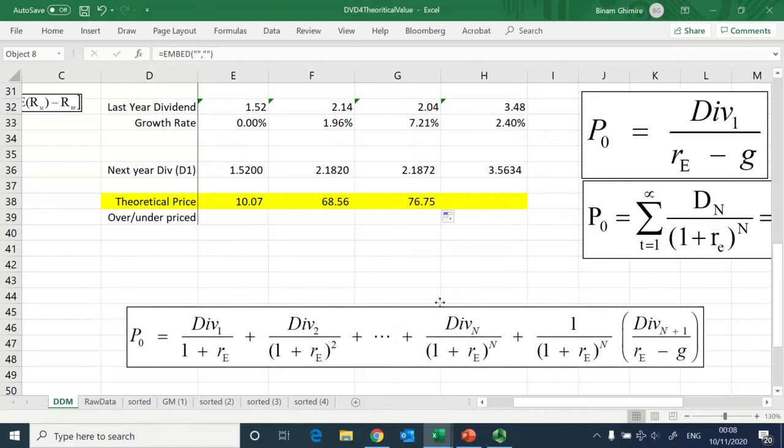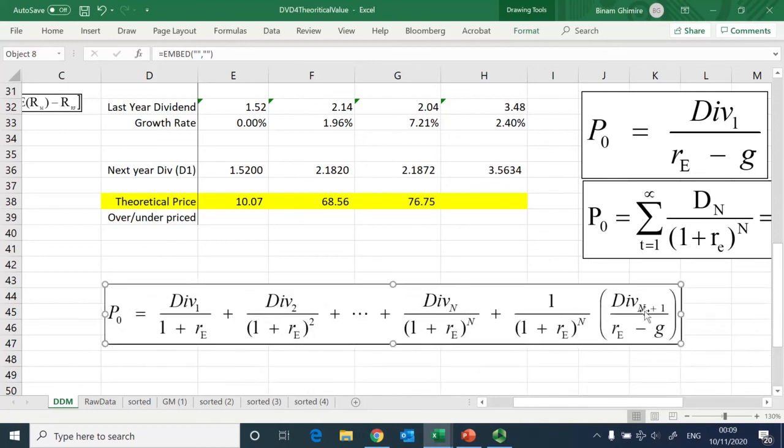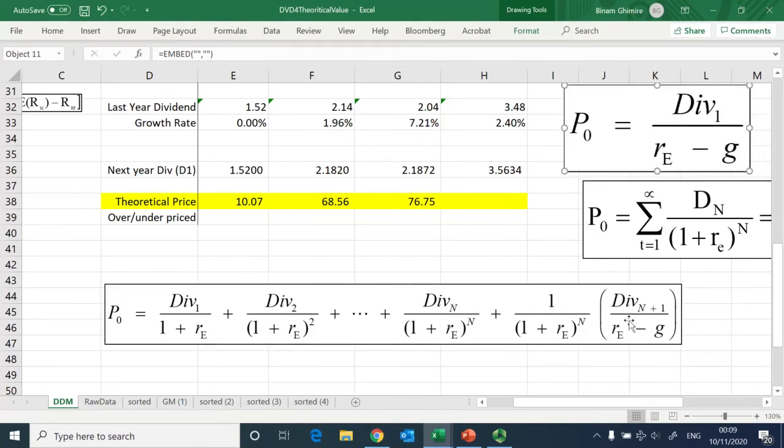So we therefore need to find out what is the dividend when it is non-constant, which is here, and then after it becomes constant, we apply the same formula as here, which you see is repeated here, but then this value needs to be adjusted because this needs to be brought into present value by simply multiplying it by 1 divided by 1 plus required rate of return for the time period.